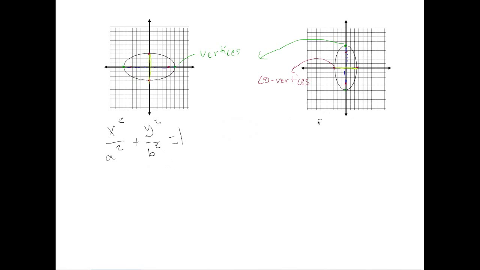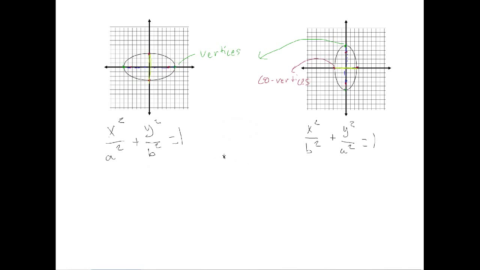For your vertical axis, it is given as x squared over b squared plus y squared over a squared equals 1.